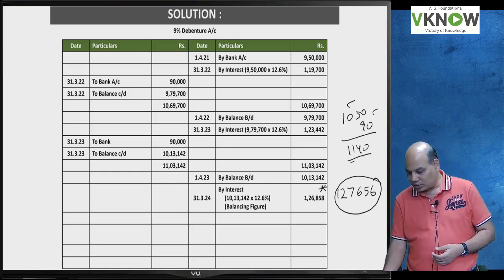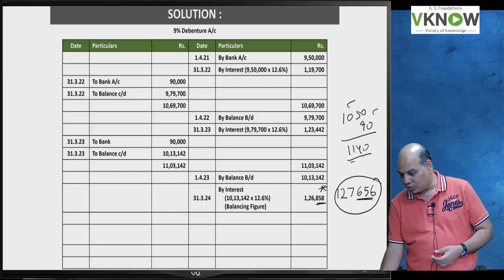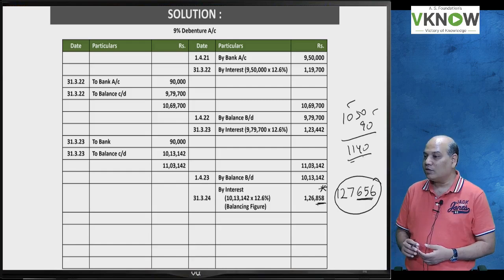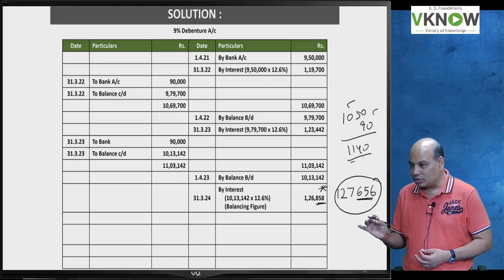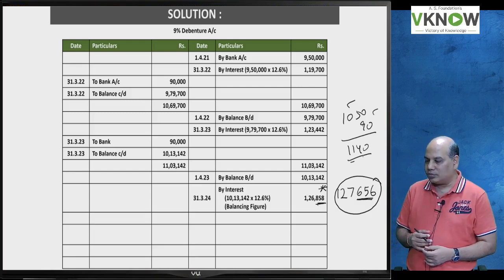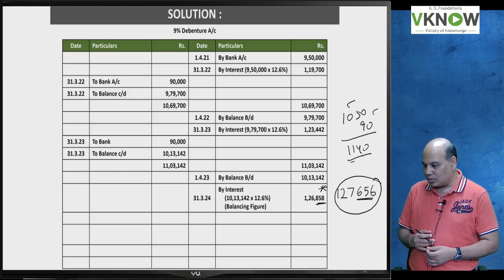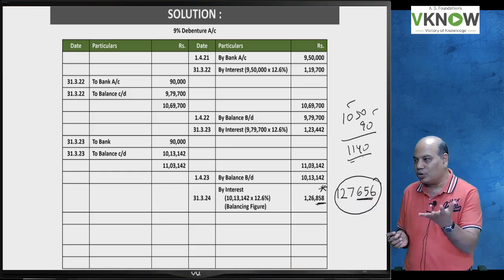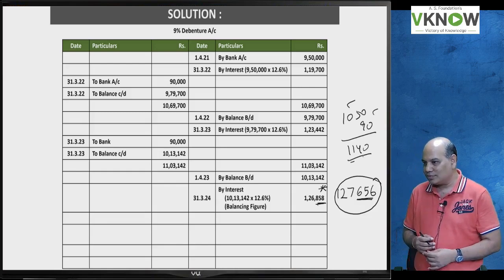126,858. So it may be slightly different, possible, because your IRR is a rounded off figure. First, your IRR is not a 100% accurate number. It was rounded off to 1 digit after decimal. So some difference will come, which is okay, because the amount is big, 10 lakh something. 0.02 will make a difference of 200 rupees.